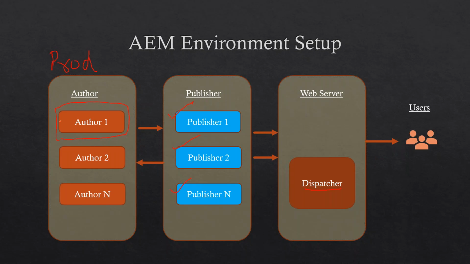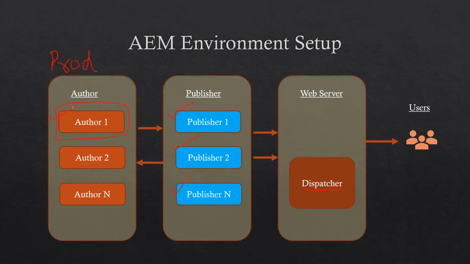But always remember, the number of authors will always be low compared to publishers. The reason being, the number of users using the author environment is limited to the people who are actually working on the environment and making changes.